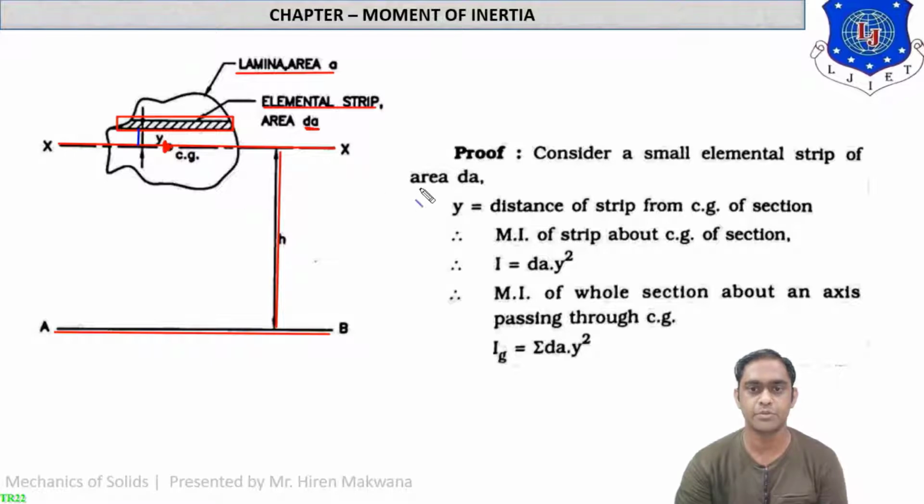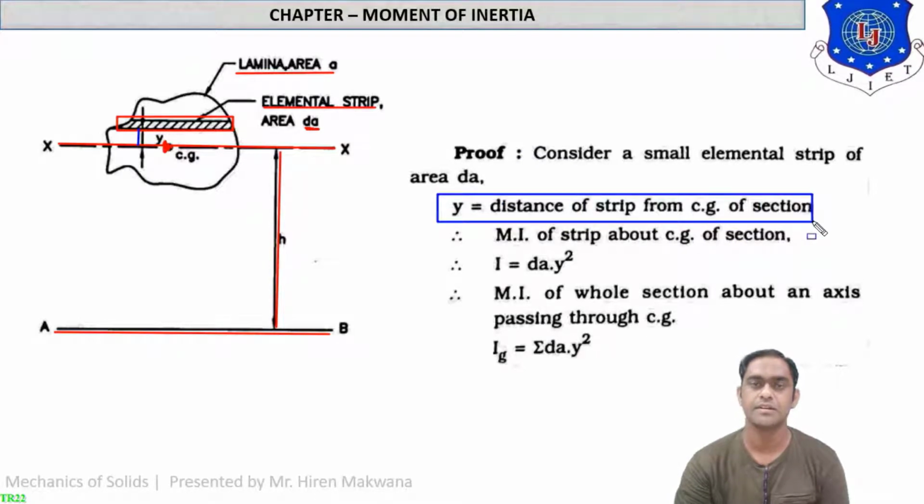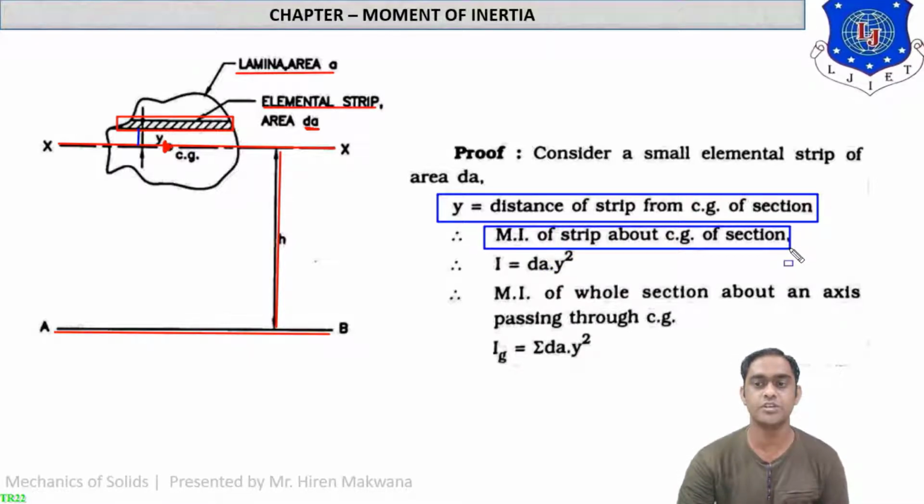Now let us start the proof. What is given in the proof? Consider a small elemental strip of area dA. Y equals distance of the strip from the CG of the section. Now what is moment of inertia? Let us take first the moment of inertia of strip about CG of the section. Now what type of strip is this?